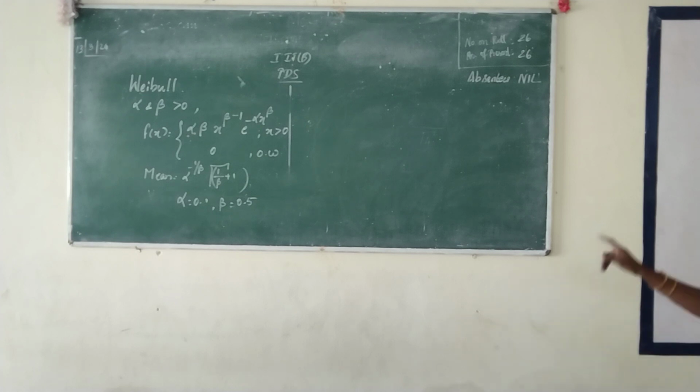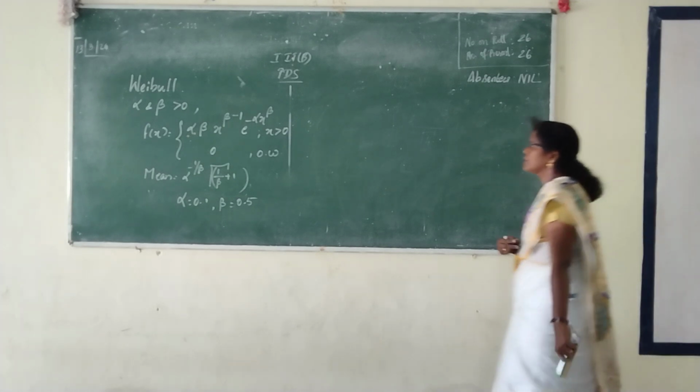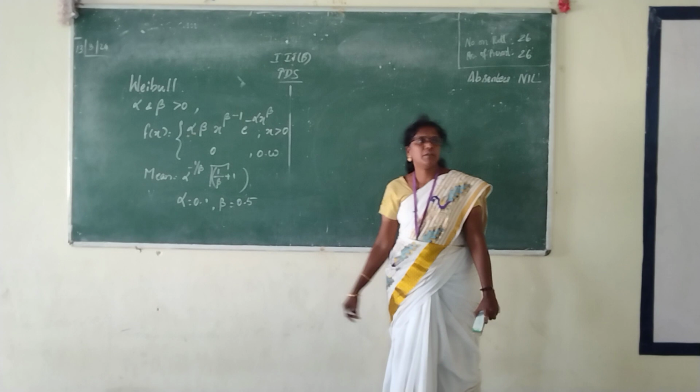Now write the definition. f of x is equal to alpha beta x power beta minus 1 e power minus alpha x power beta for x greater than 0. Have you written?